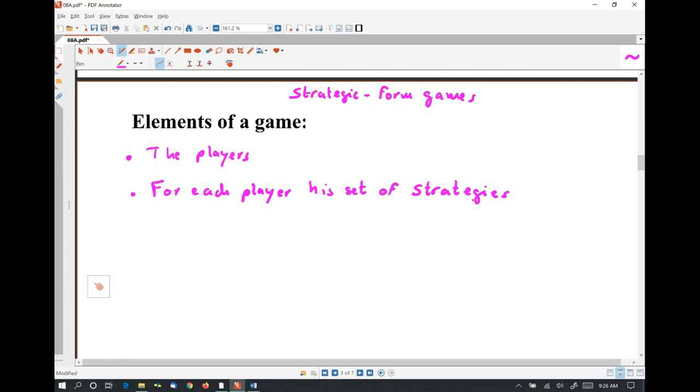What is it that that particular player can do? Then we specify the outcomes, the possible outcomes. And we need to specify how each player ranks the outcomes.